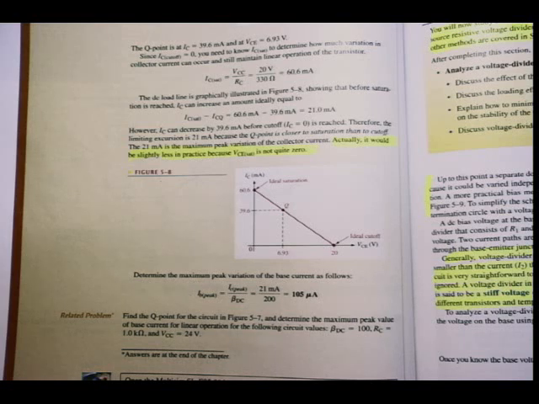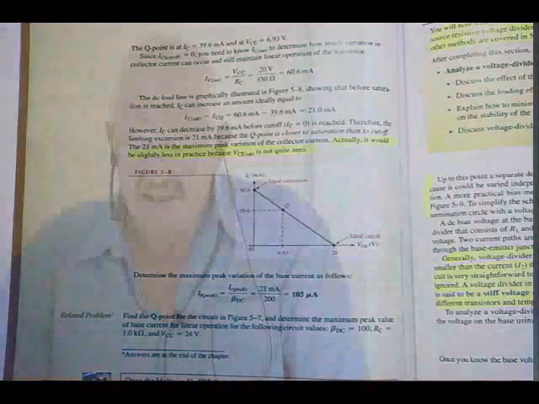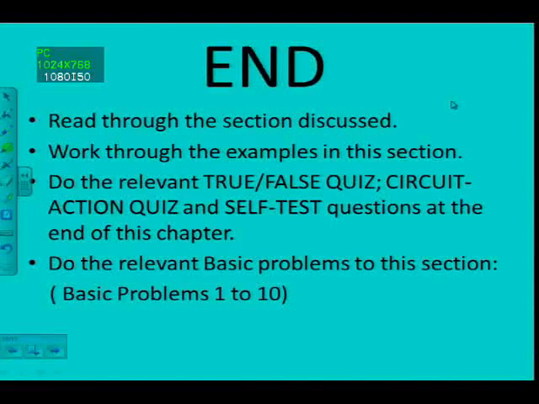Right, so it's the end of this section. Please, again, same rules apply. You have to read through the section discussed, work through the examples in this section, do the relevant true-false quiz, circuit action quiz, and self-test questions at the end of this chapter, and then very important to do the relevant basic problems for this section.